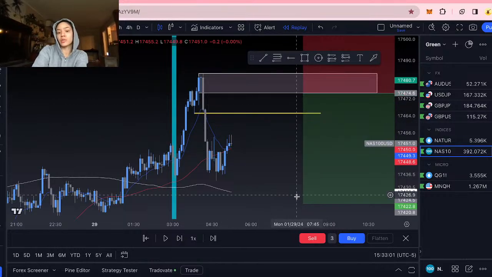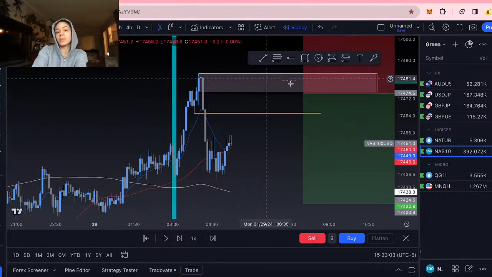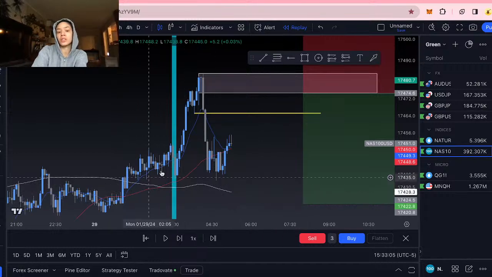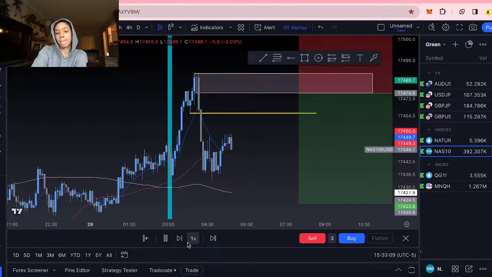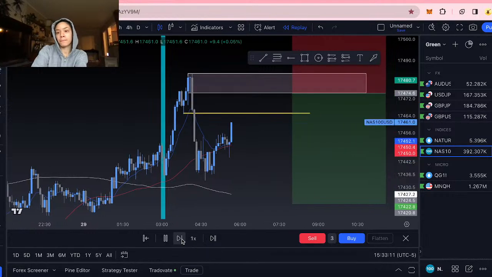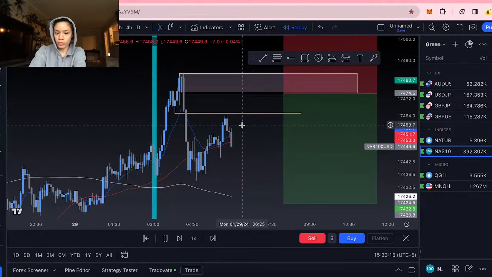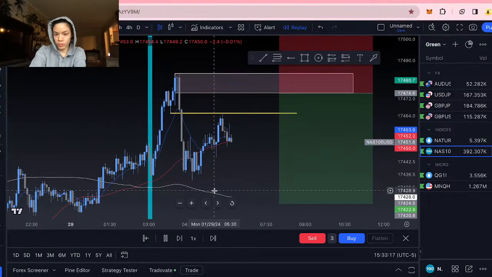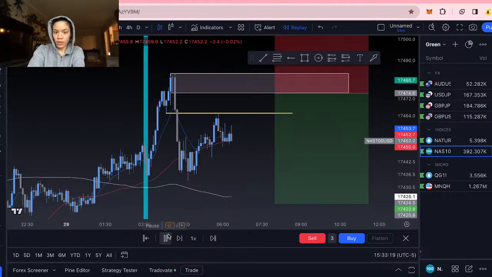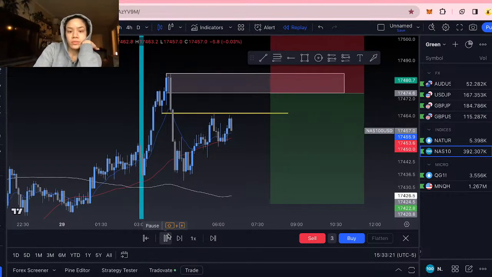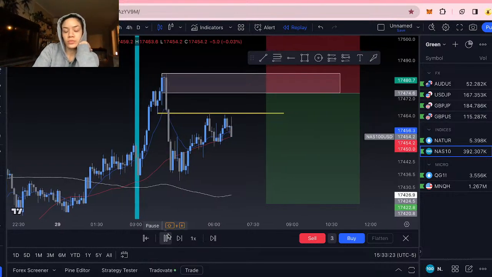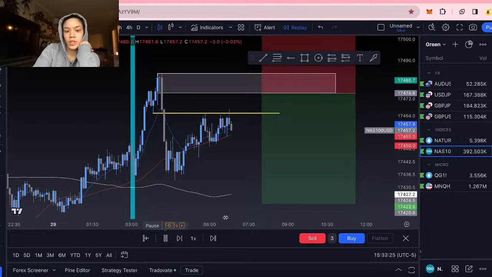But I know that it's about to go for a sell because it needs to fill in these gaps and it needs to come back down to fill in down here too. So we're about to speed her up. Tapped her.